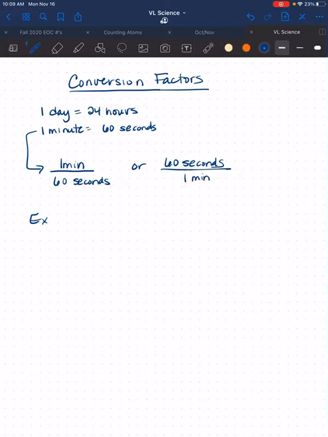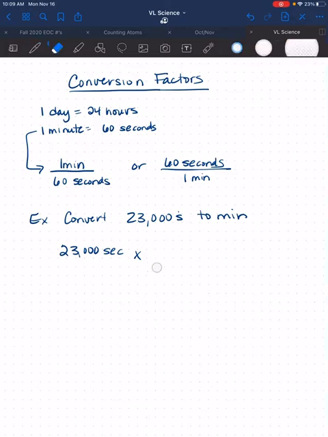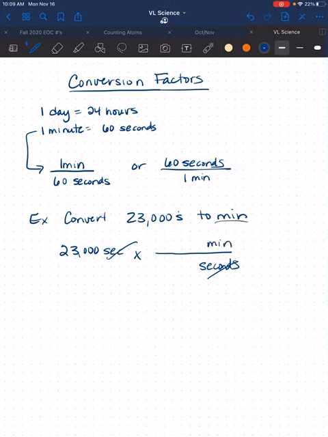Okay, so if my question was, convert 23,000 seconds to minutes. We know that we have 23,000 seconds, and we would need to multiply that by some conversion factor that gave us seconds on the bottom so that we could cross those out, and we need minutes on the top.